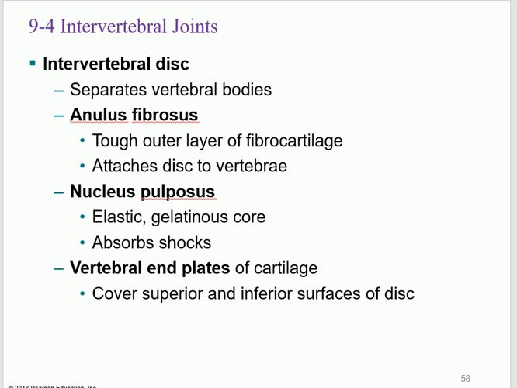There is annulus fibrosus, which is outside. If you look at the disc, let's say this is one vertebra, disc, one vertebra. The disc itself, there is a nucleus inside. We call it nucleus pulposus, and the surrounding is called annulus fibrosus.